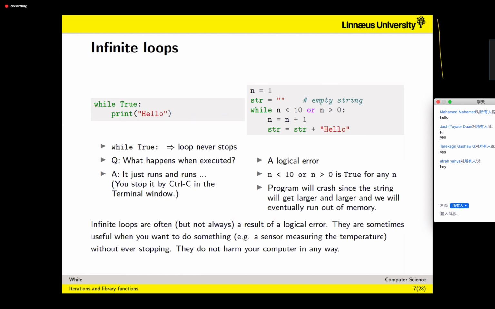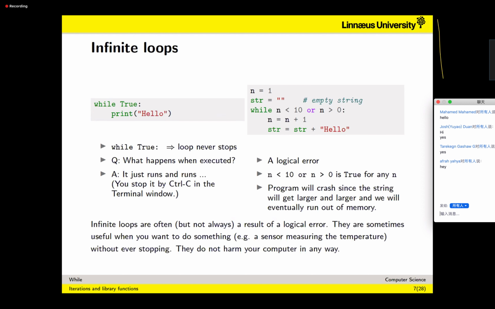Infinite loops. We have loops, and if I'm a stupid programmer, I might actually try to write a program that looks like this. While true, print hello. It will never stop. It is always true, and it will never stop. What will happen? Why? Because the memory is full at the heap of memory.